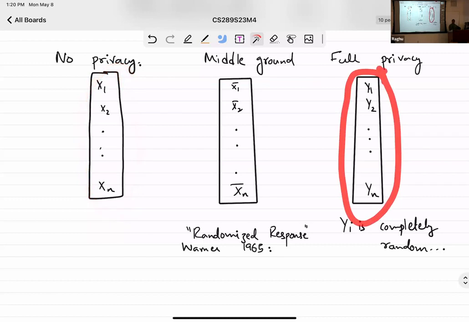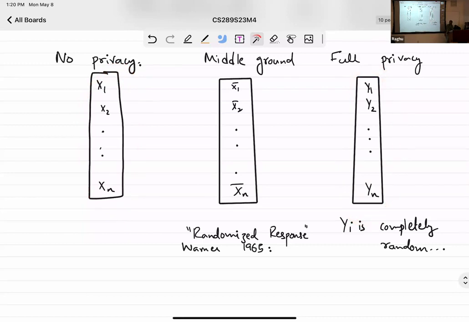Imagine for each person, with probability 0.1, I'm going to output the correct value, and 0.9, I'm going to output a random value. So there's some correlation between the true values and what you observe, but you can fine tune it. It's like there's a wheel that you can control how much it correlates with the true answer. And perhaps you can use this to understand the privacy somehow.